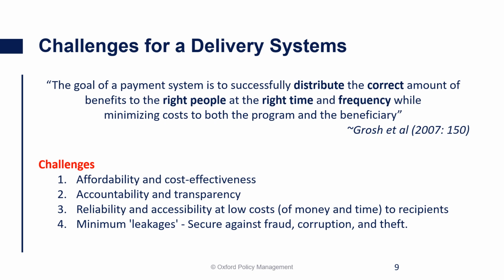What are the shapes and forms of the challenges that can arise? The ideal payment system should be affordable and cost effective. It should be accountable and transparent. It should be reliable and accessible at low cost to recipients. The leakages should be minimized, and it should be secure against fraud, corruption, and theft.